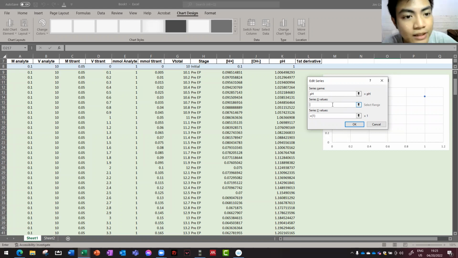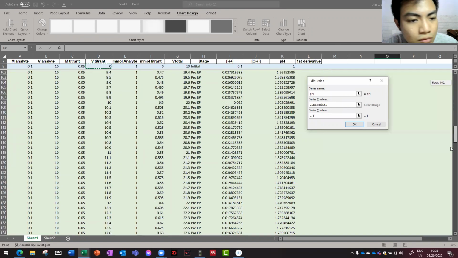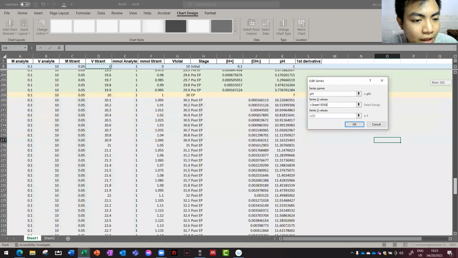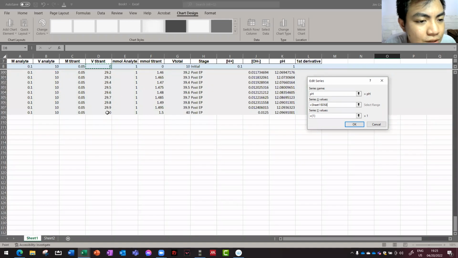It's the volume of the titrant, right? So you have to select the entire volume of titrant starting from 0 up to 30 mL. So there you have it.